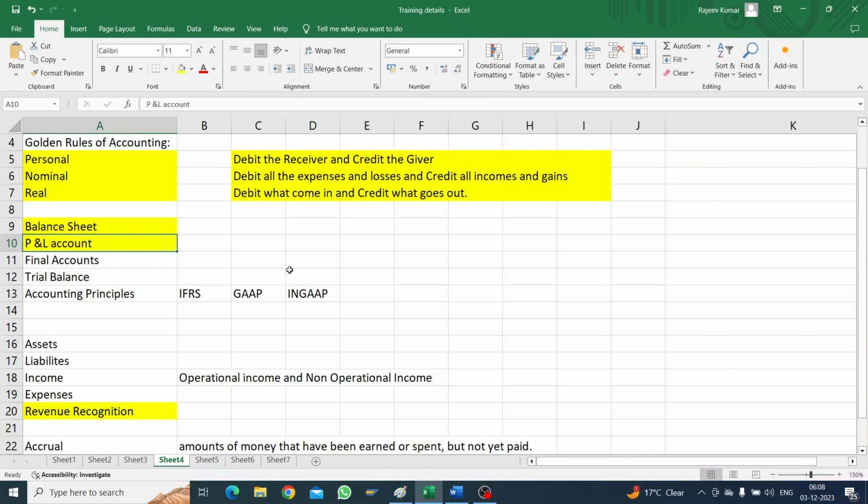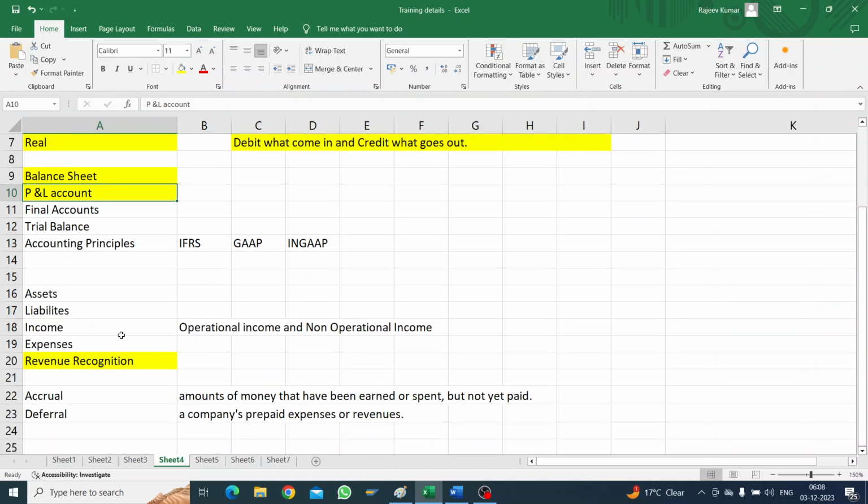Now, with regard to the income, I would like to mention that there are two types of income usually a company can have. It will be either operational income or non-operational income. You might ask, what is the difference between the two? Operational income means the business is earning its revenue by way of its normal course of selling goods or services, what it is intended for. But suppose the company is earning its income other than its normal course of business.